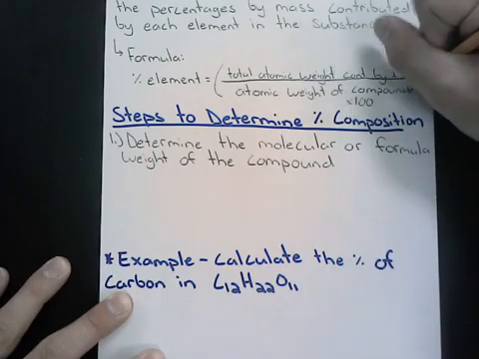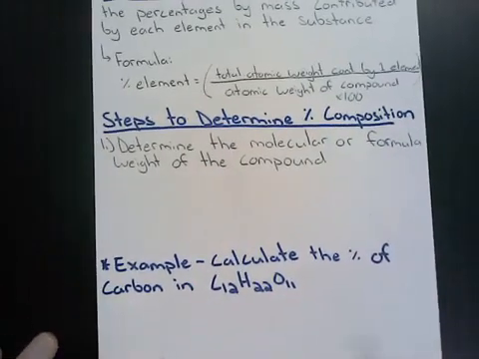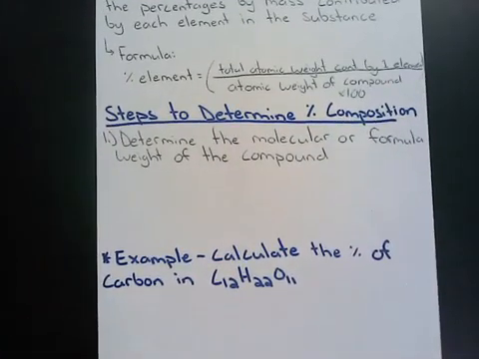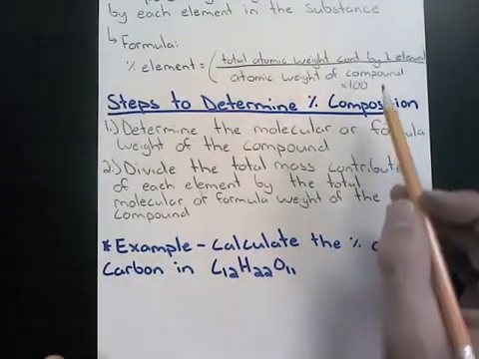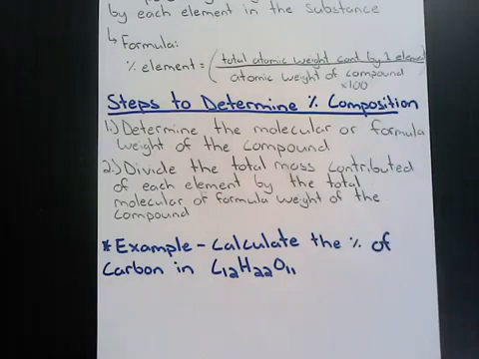Hopefully that didn't confuse anybody. But again, step 1 is determine the molecular or formula weight of the compound. Step 2 is divide the total mass contributed of each element by the total molecular or formula weight of the compound. And then the last step here is multiply by 100. Again, that's the part I had to squeeze in there because I ran out of room.